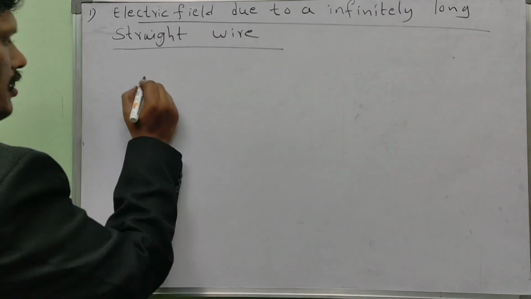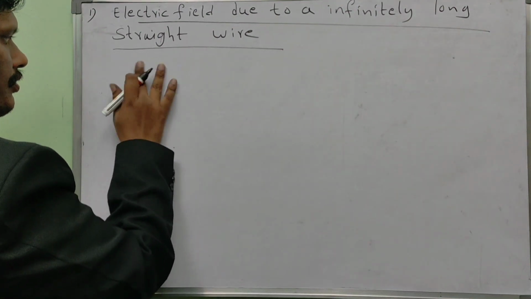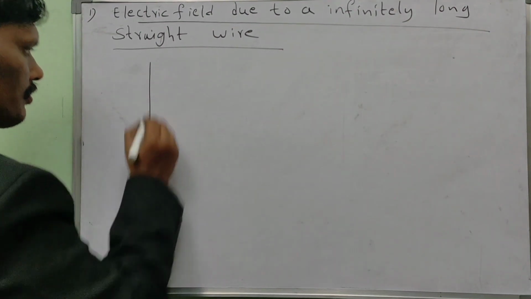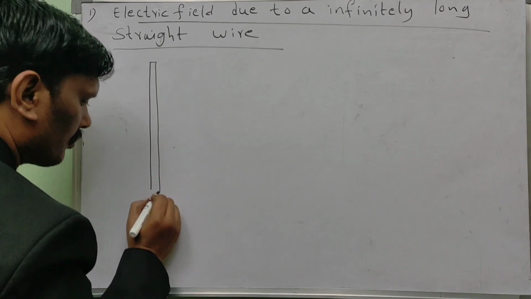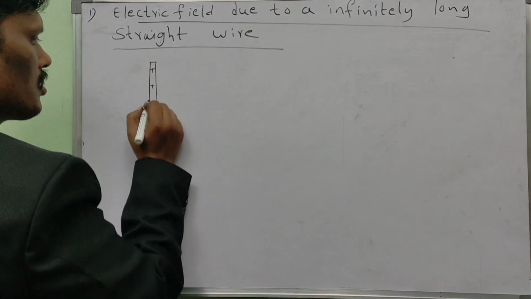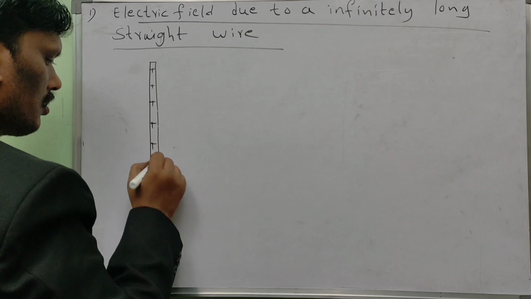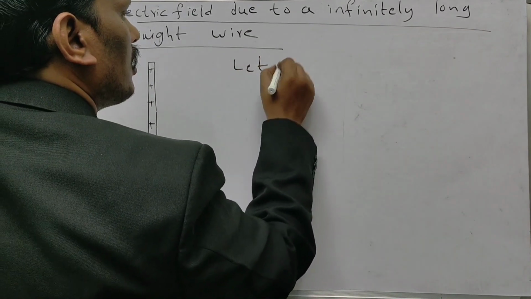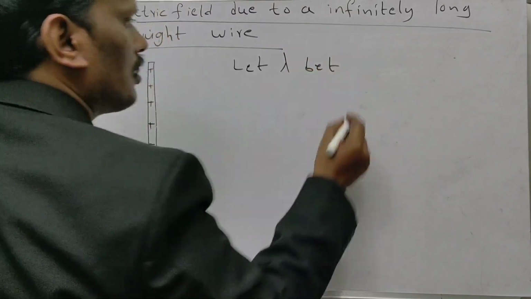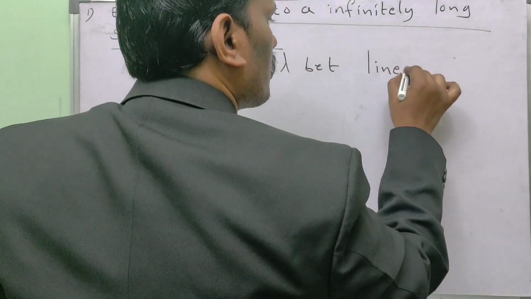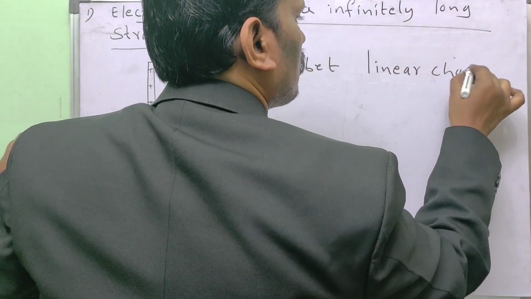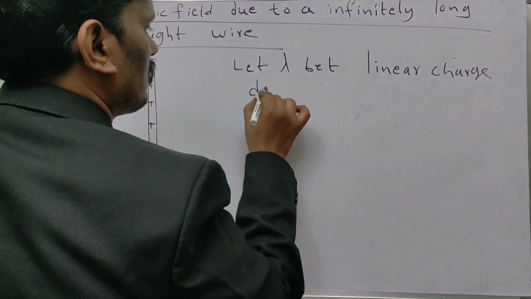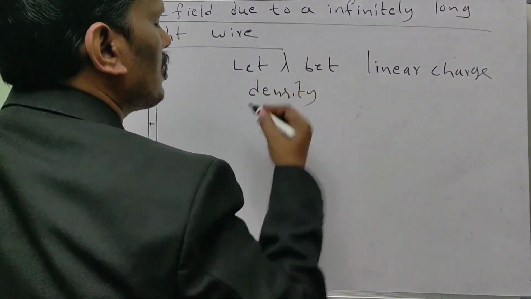If I consider a straight wire, it has a charge. Let lambda be the linear charge density.